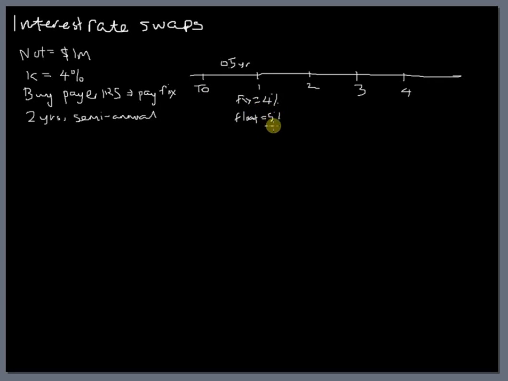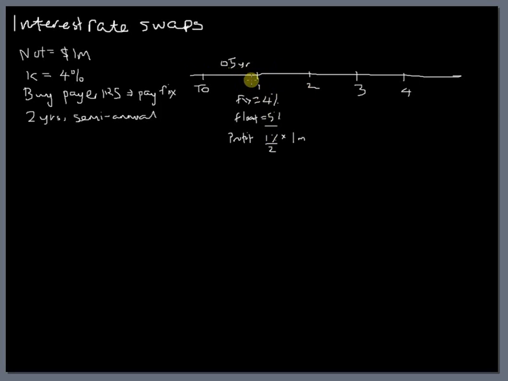So basically on this date, 0.5 years from now, we will be receiving a profit of 1% of 1 million. Oh sorry, it's not 1%, it's 1/2%, because we are talking about semi-annual here.